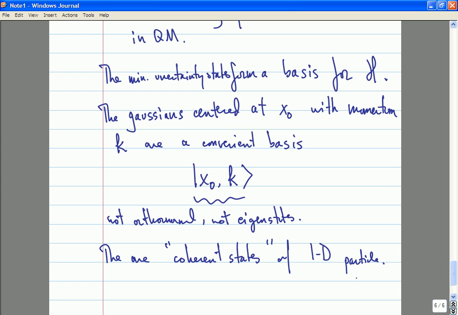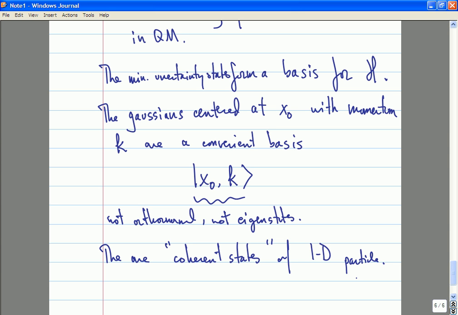If you want to have a complete basis, then you need to take Gaussians centered everywhere. These coherent states, when we revisit the harmonic oscillator, probably next week at some point, we will describe in much greater detail. There's a very elegant way of thinking about these. In fact, these coherent states and the closely related squeezed states appear all the time in various quantum systems.